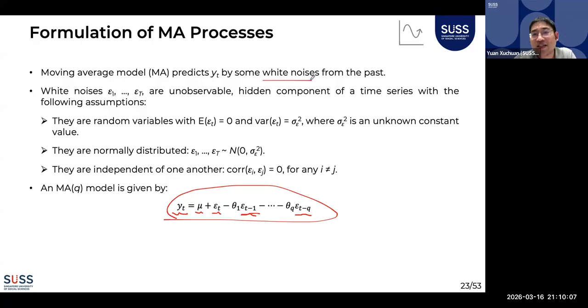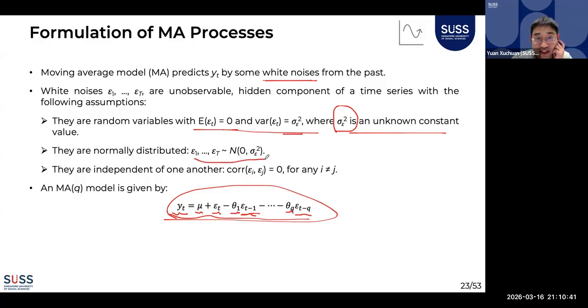We discussed what white noise is, right? White noise refers to IID, normally distributed random terms. The mean is zero and the variance is constant but unknown, so we need to estimate this when you estimate the MA model, especially those parameters.